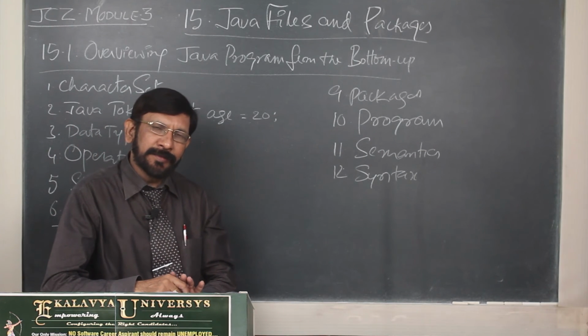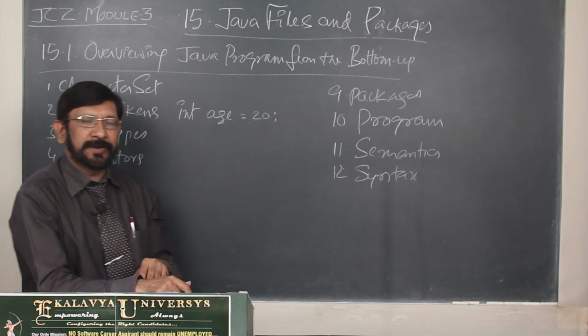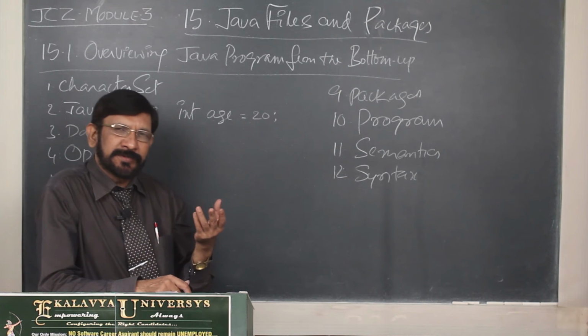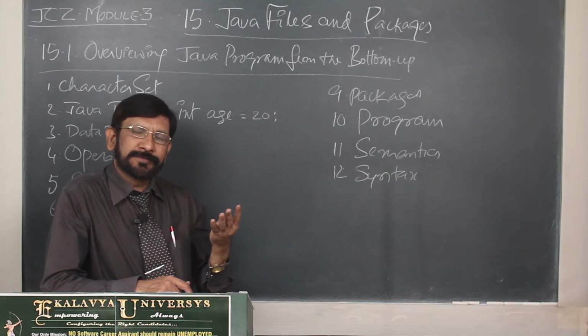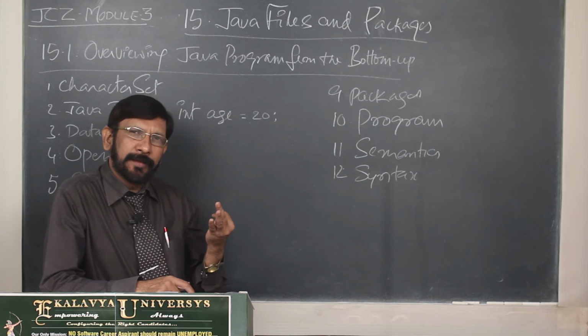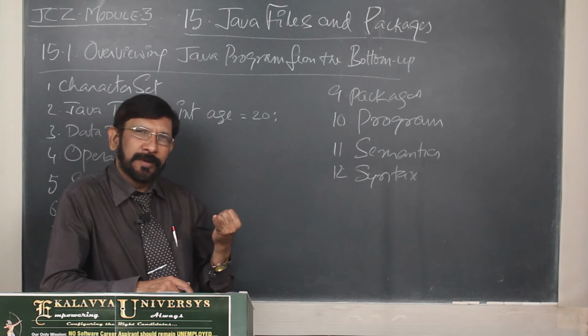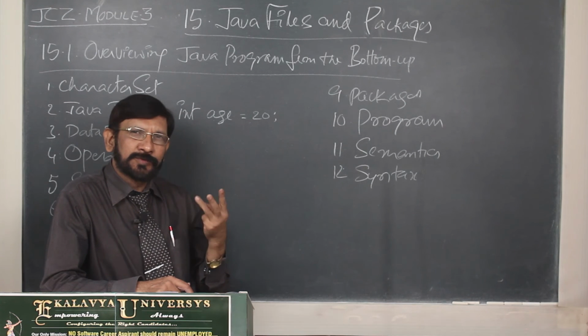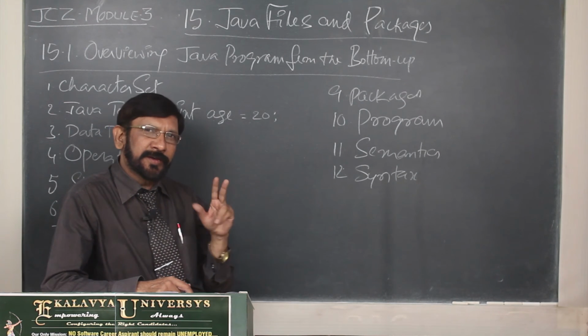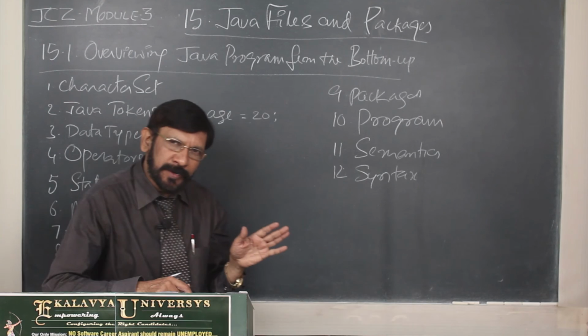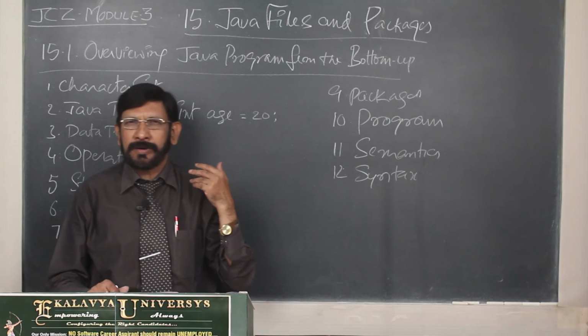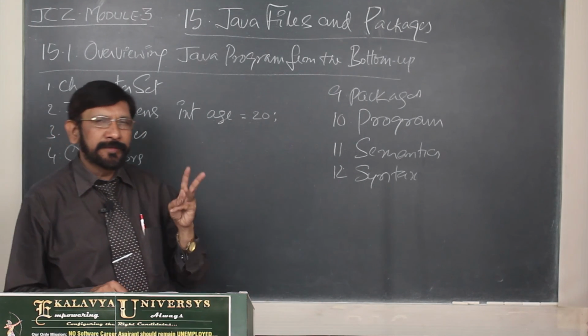And there are 5 reference data types: class, array, interface, enumeration and annotation. So far I have explained the 8 primitive types and 3 of the reference types and worked out a number of programs.